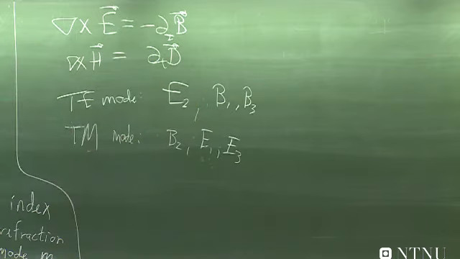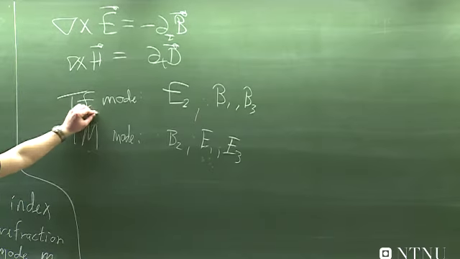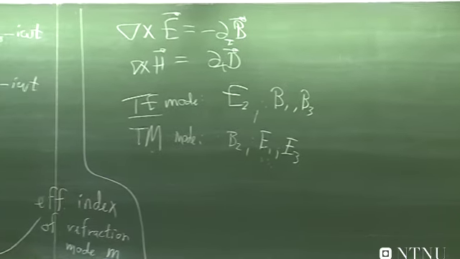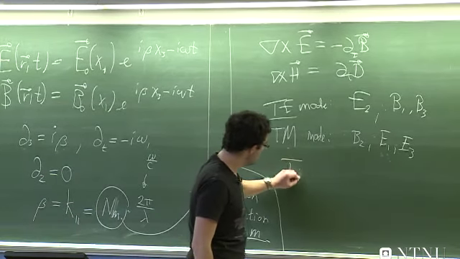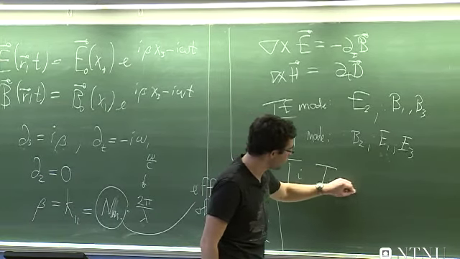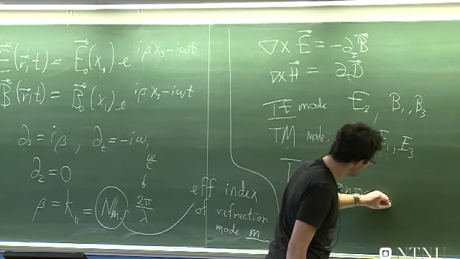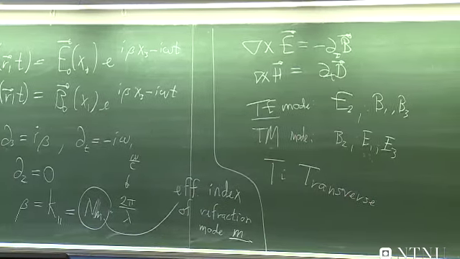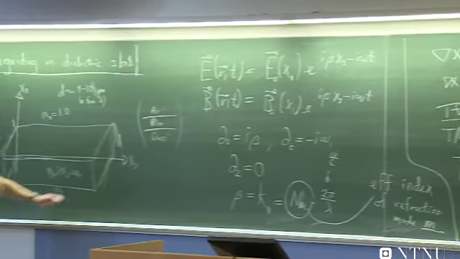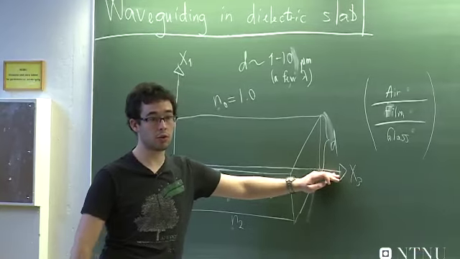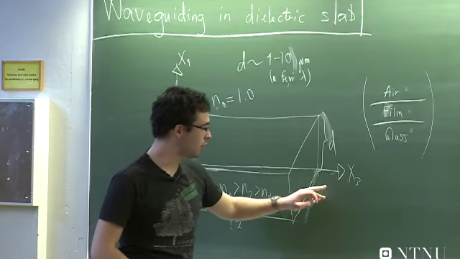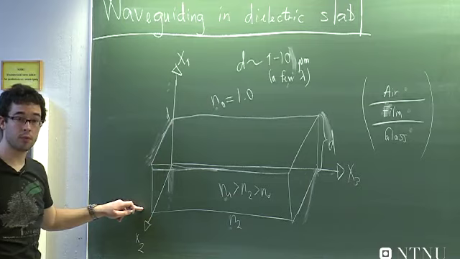Everyone remembers what TE and TM stand for? No? TE stands for transverse electric. That is that the electric field is completely transverse to the direction of propagation. So the T is transverse. So let's have a look at what transverse electric means. If the propagation direction is x3, well then the field is completely transverse to x3, meaning that it could only have a component along the other two axes. Okay?